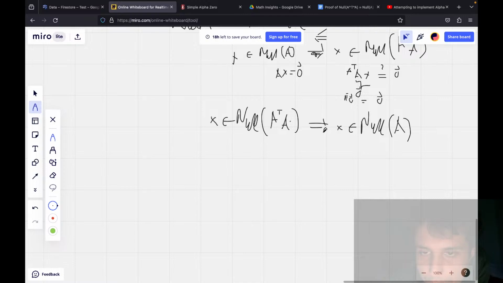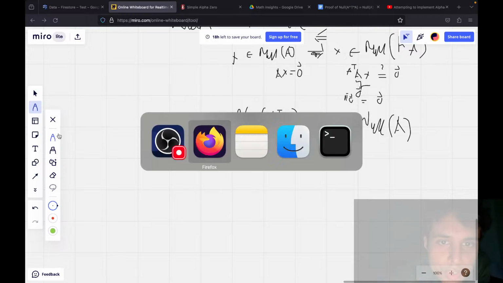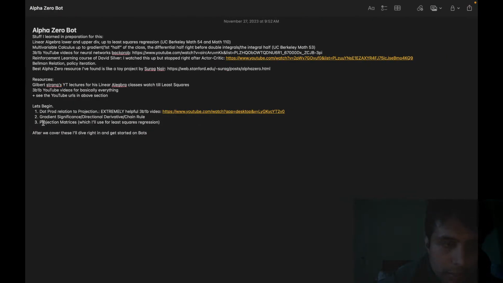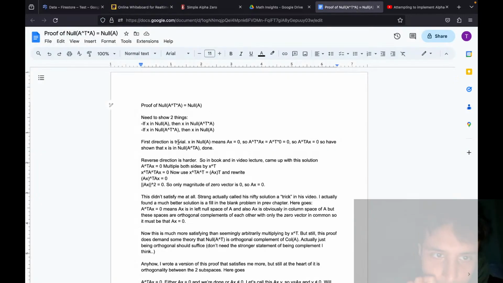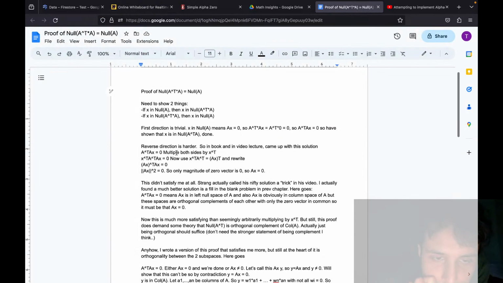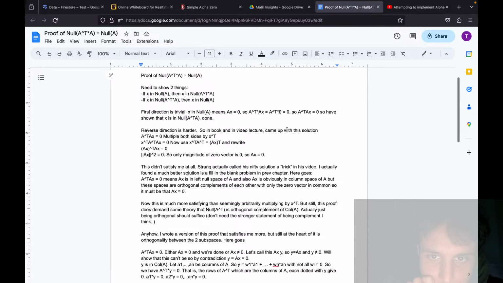The author, Gilbert Strang, shows a proof that is extremely elegant, but I would not have come up with it. In fact, I came up with an alternative proof that actually reduces to his proof. First direction is trivial, reverse direction is harder. So the book and the video lecture come up with the solution.